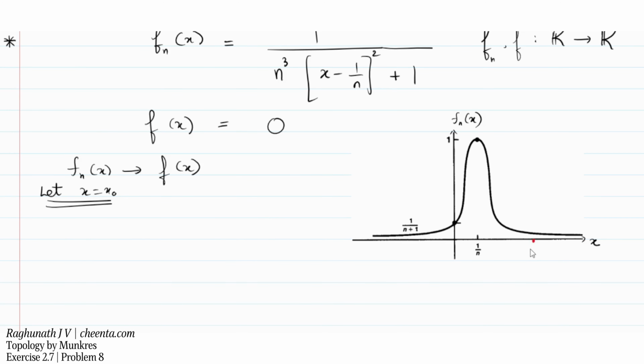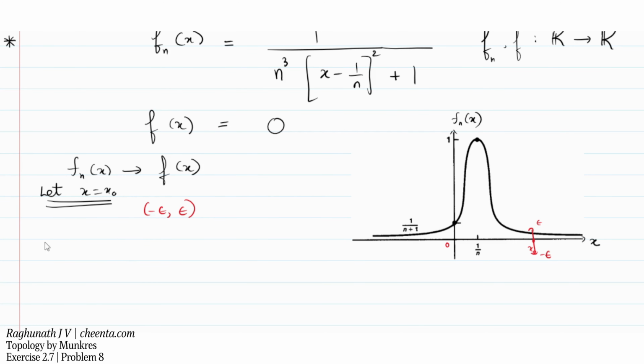So suppose x naught is here, and we take an epsilon open interval around f of x naught. We know f of x naught value is 0, so I just consider the interval minus epsilon to epsilon. And since we have to prove the convergence, I have to find the capital N value such that all fn of x naught belong to this open interval.